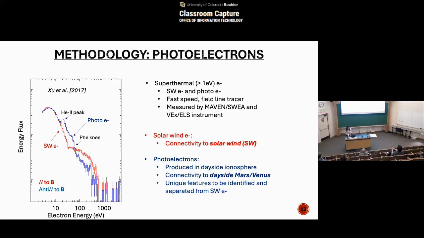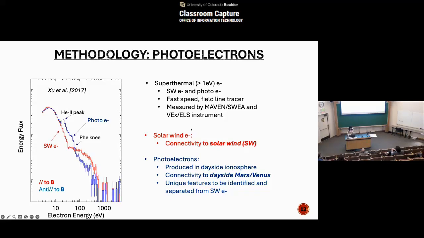If we look at the electron energy distribution, to the left we have a plot of energy flux versus electron energy. This is a measurement by MAVEN. The two lines are measurements separated for electrons traveling along the magnetic field and anti to the magnetic field. We can see there are two spectra, and they are very different.